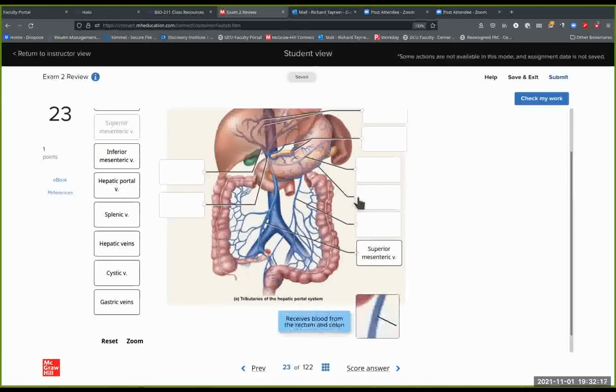Okay. And so the left colon, inferior mesenteric. So right, left, and unique is this one. What is this corkscrew kind of vein? It has a partner that's a corkscrew kind of artery. It runs across the stomach to this big organ over here, which is a what?